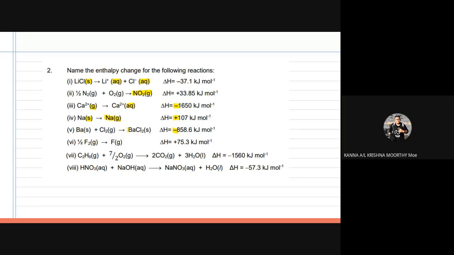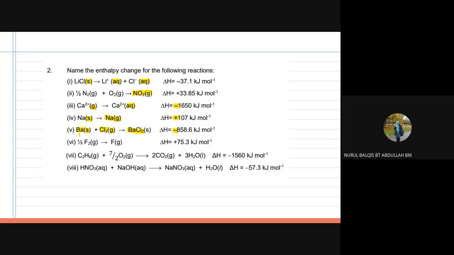Enthalpy of formation, because it can be positive or negative, and 1 mole of product is formed from elements at their most stable states. Because barium, which group is barium in?